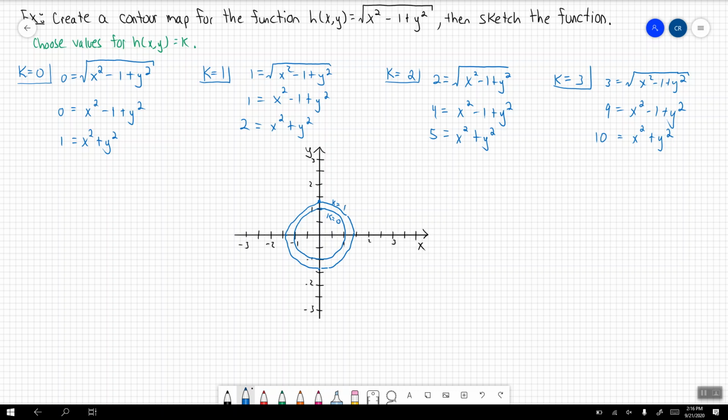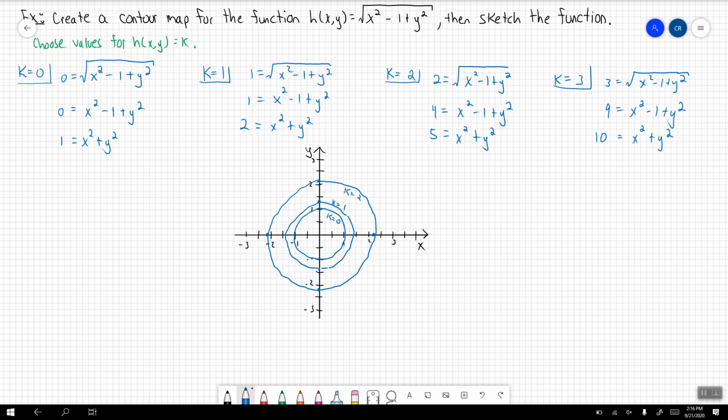Next curve. Now we go with the square root of 5, which is approximately 2.2, so right above 2, that 0.2. We're going to graph this x squared, y squared function. There we are, and this one is k equal to 2.